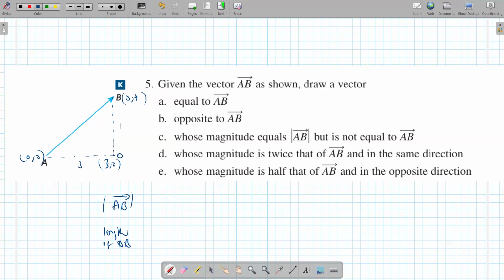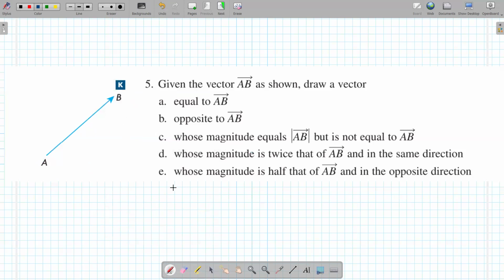What's the vertical distance? 4. What's the length of this hypotenuse? We have 3 here, we have 4 here. Pythagorean triples, 5. AB would be 5. That's what it means. Use Pythagoras theorem to find its length. Okay, all of this is pretty simple.